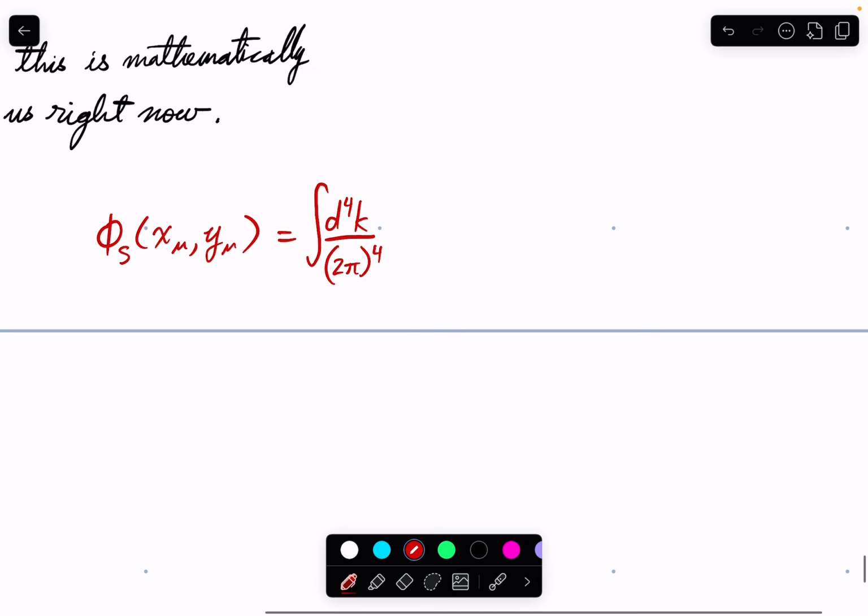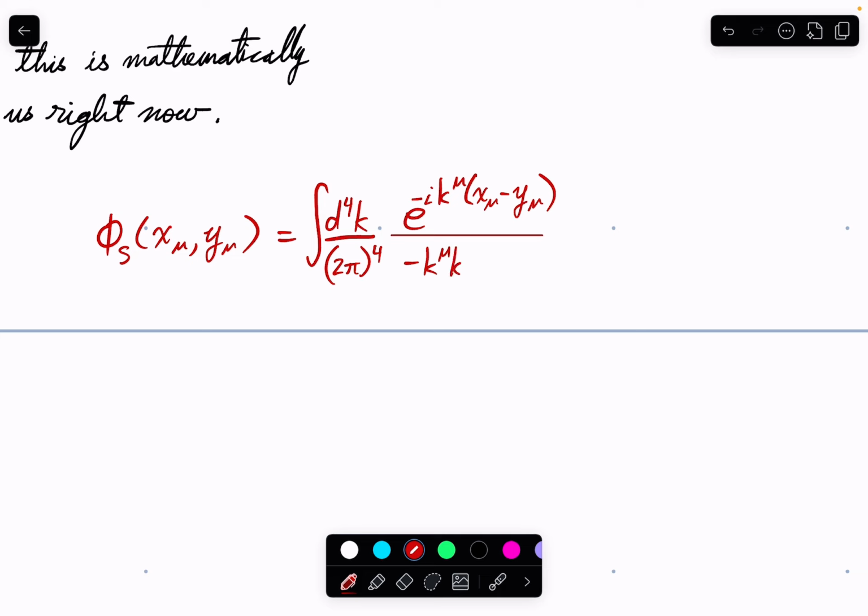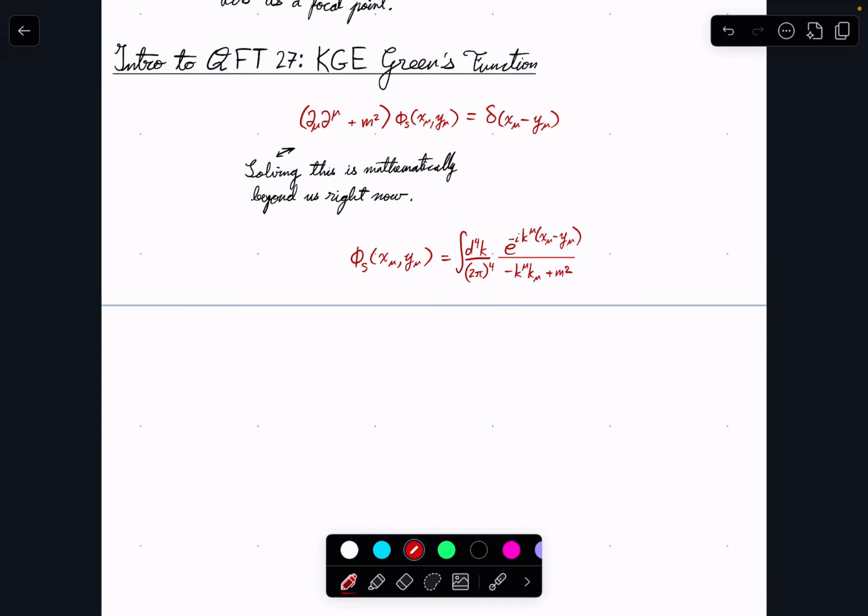So you're over basically momentum space. Then there's a fraction, e to the minus i k_mu (x^mu minus y^mu), all over minus k_mu k^mu plus m squared.